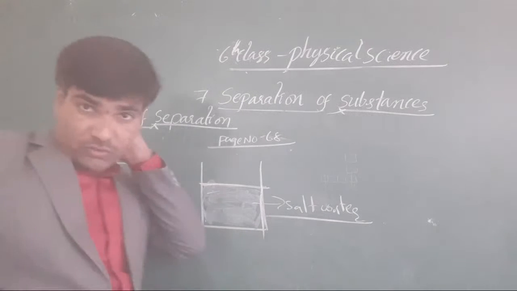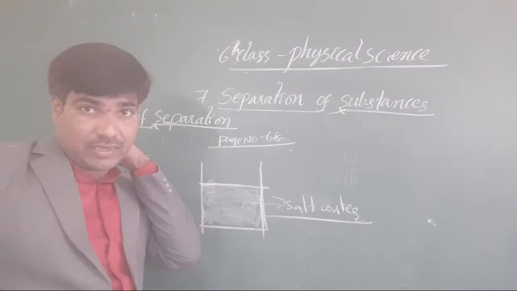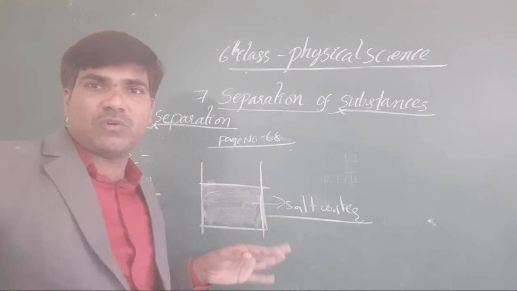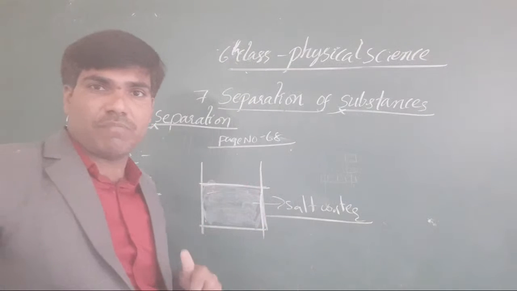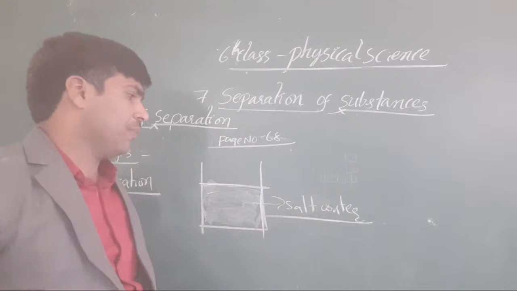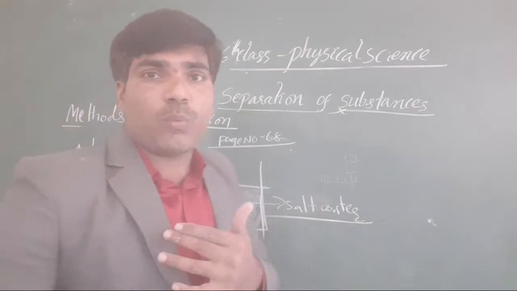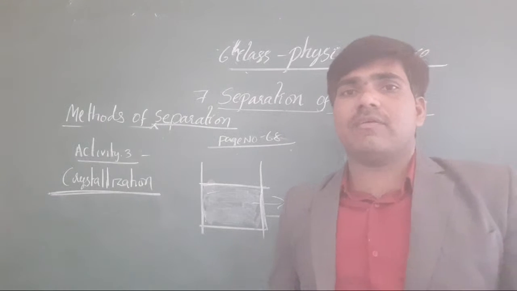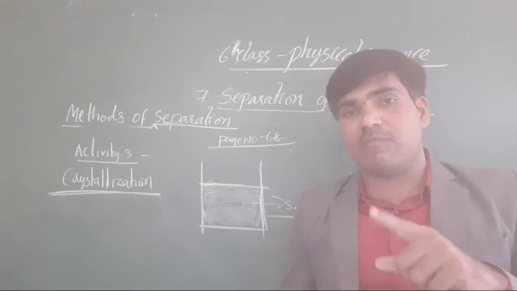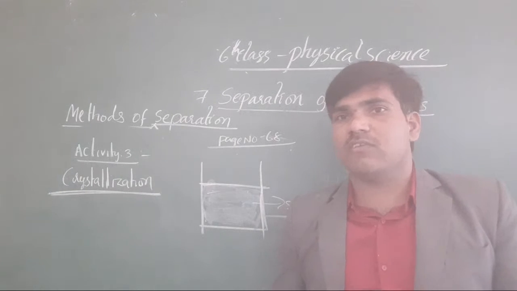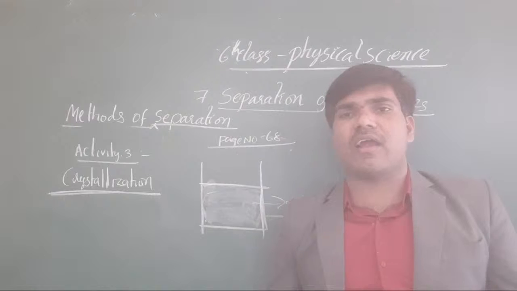Sorry students. We have already discussed sieving and filtration. Before the completion of class, once again I repeat it, so listen carefully. Some substances are mixed with the water, but we require them again. Suppose you add sugar crystals or salt crystals to the water.